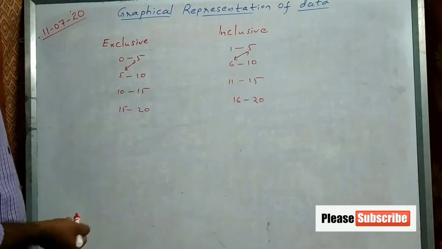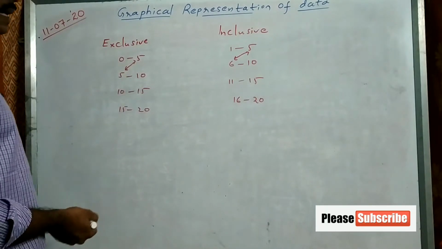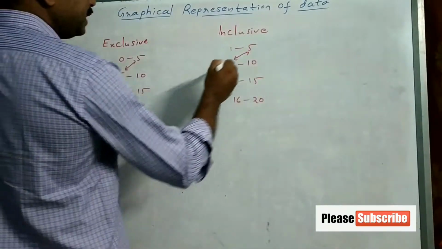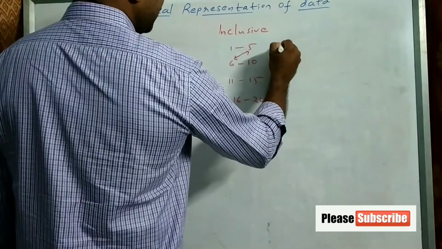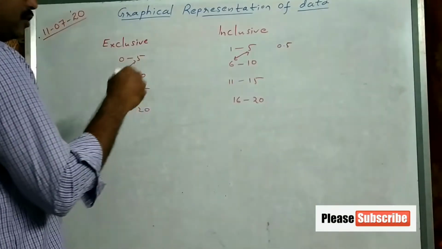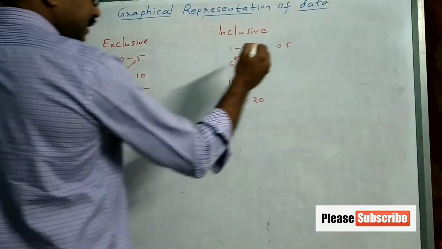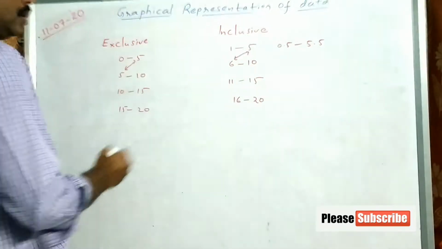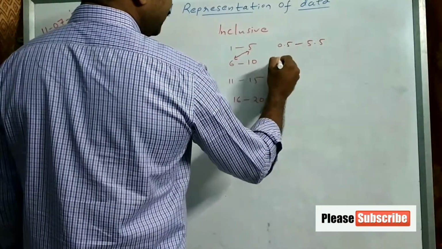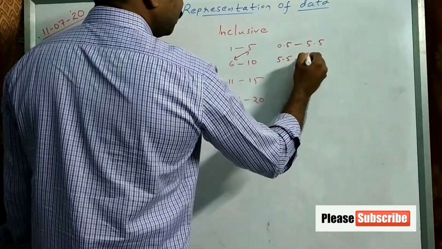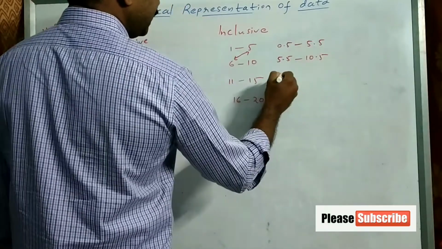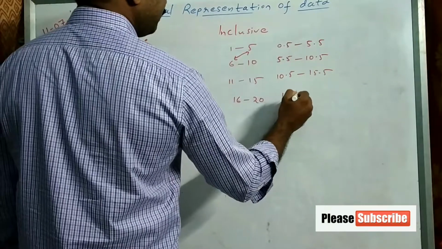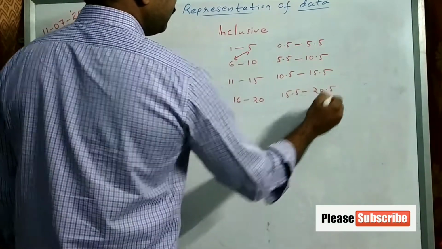Inclusive data can be changed into exclusive data by taking boundary points. So how did you take boundary points yesterday? 1 can be written as 0.5, reduce 0.5 and increase 0.5, 5.5. If you decrease 0.5 here, 5.5 to 10.5, 10.5 to 15.5, 15.5 to 20.5.